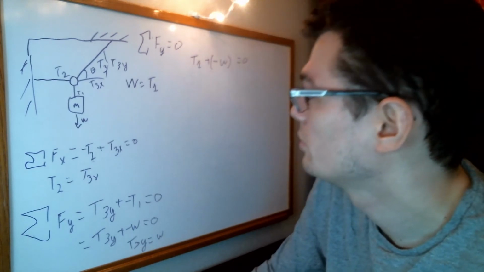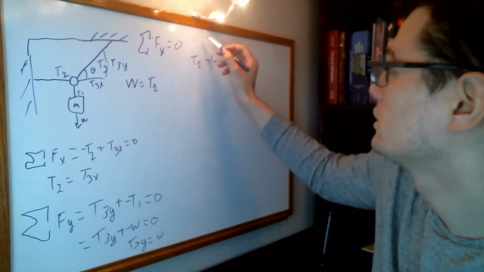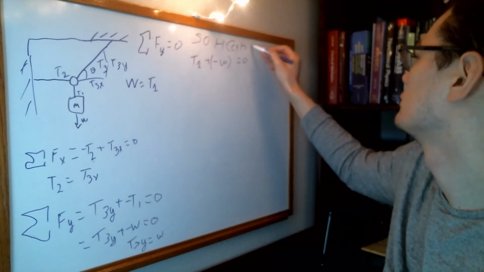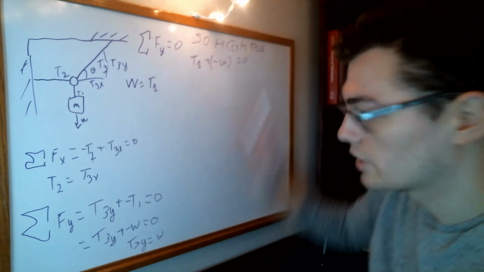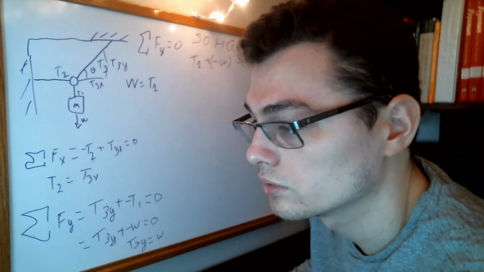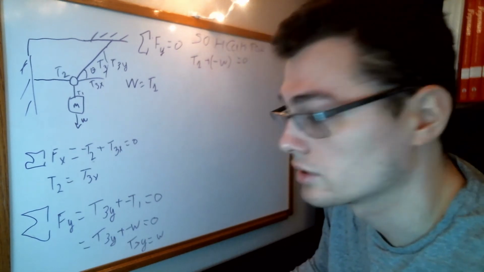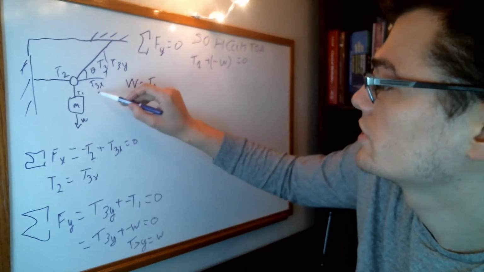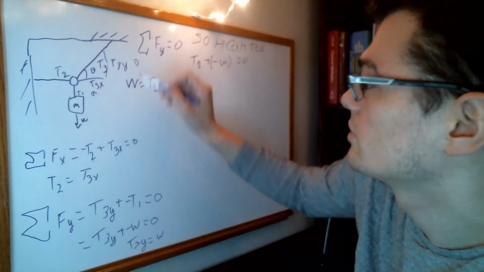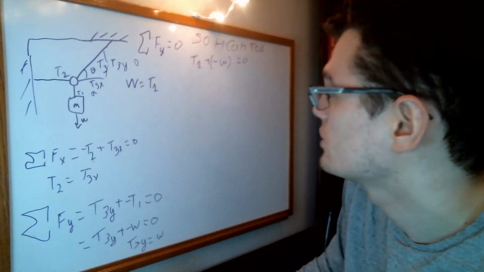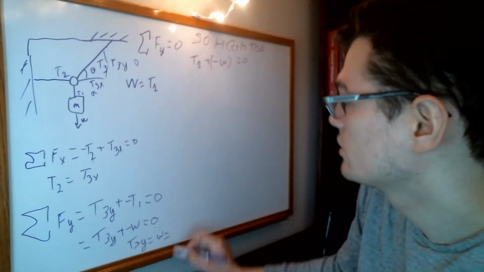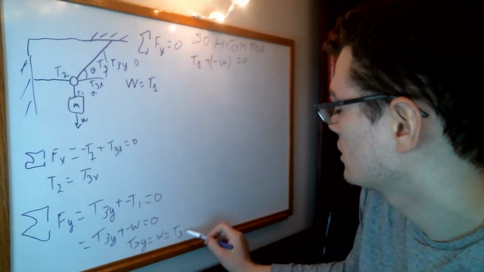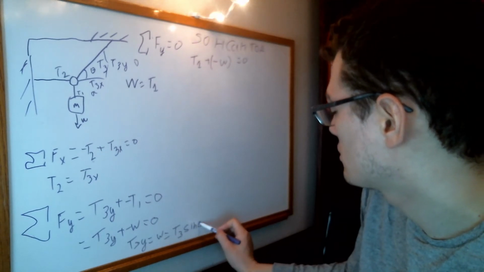And so now what we can do is we can use our trigonometric identities to break this down just a little further. We don't need the TOA, but we'll make sure that we get into what we really need. So again, we see that this is going to be our adjacent, this is going to be our opposite, and so then T3y is going to be equal to T3 sine theta.